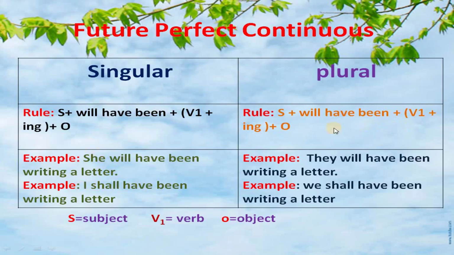Same rule for plural forms, subject plus will have been plus V1 plus ing plus object. Here, they will have been writing a letter. Example, we shall have been writing a letter. So here they and we show the plural, here she and I show the singular.